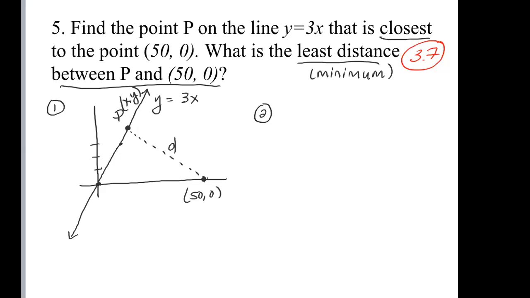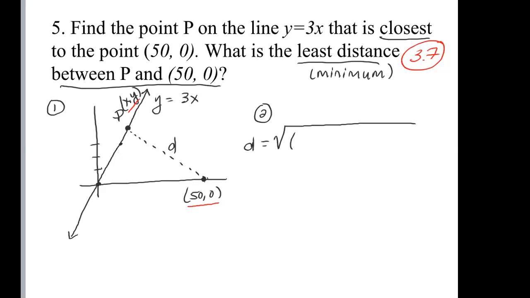I need equations. How do I find the distance between one point and another point? That would be the next question to ask, because this is specifically asking for a minimum distance. You remember from algebra that the distance D between 2 points is equal to the square root of the difference of the x coordinates squared plus the difference of the y coordinates squared. In this case, I have coordinates at 2 points. One is (50, 0). One I'm just calling (x, y).